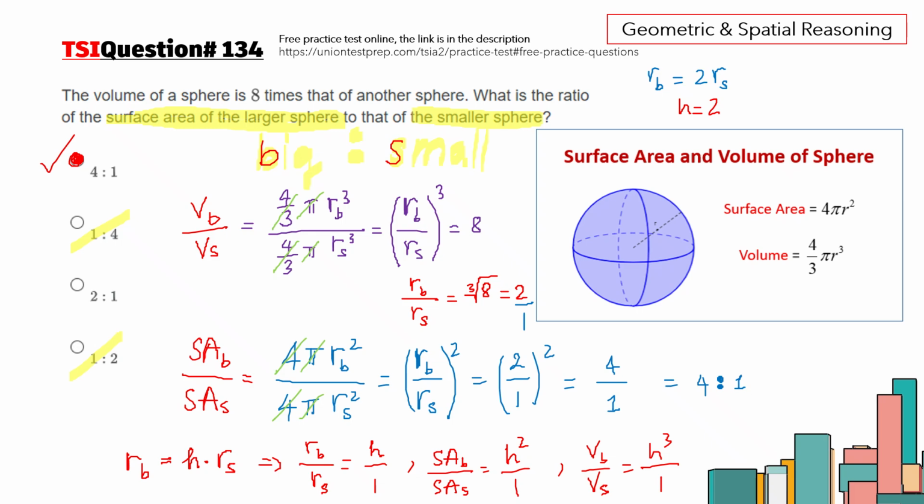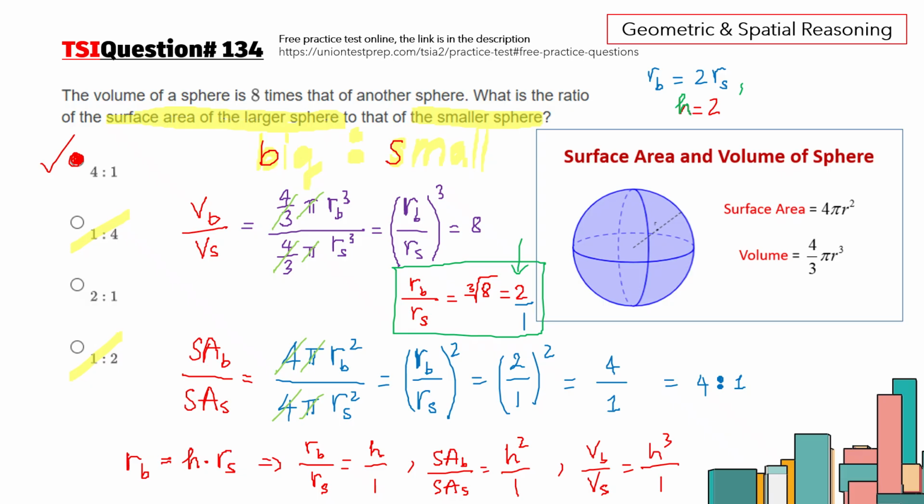So let's plug in this case to check if that's correct. The constant h equals 2 in this case, right? The bigger radius over the smaller radius is 2 over 1, which we just found. Now we check the surface area of the bigger sphere over the surface area of the smaller sphere.